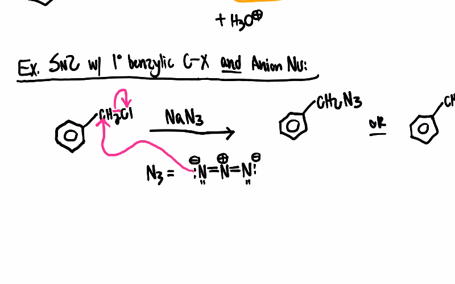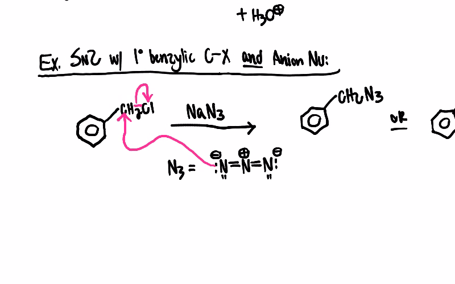And this is going to be an SN2 reaction because it's going on at a primary carbon at the benzylic position, and we are using an anionic nucleophile. So these are the factors that are going to favor doing an SN2 reaction instead of an SN1 reaction, because it's going to be most favorable here for the nucleophile that's anionic to come in at the same time the leaving group is breaking away, and that's if you have a primary carbon.